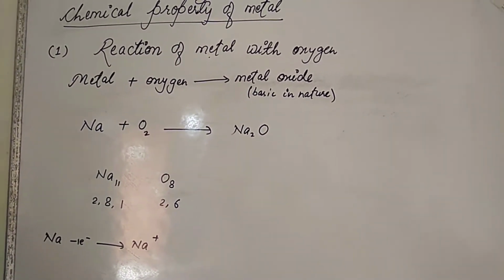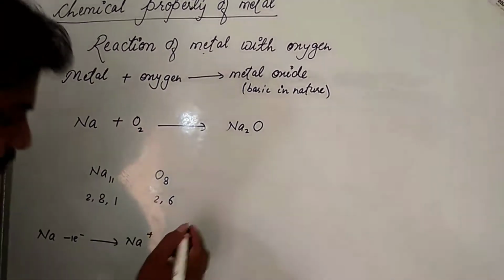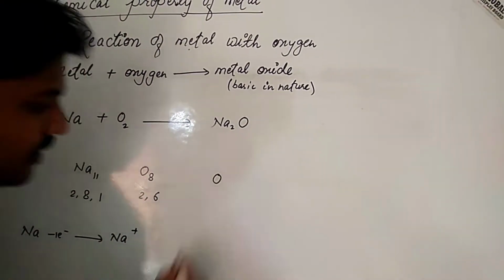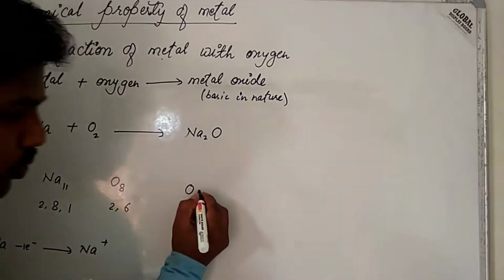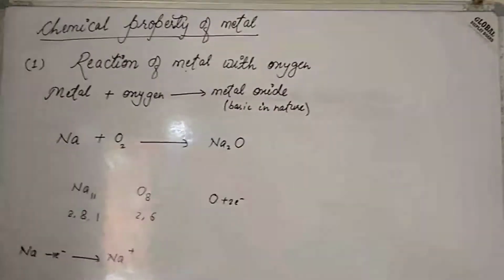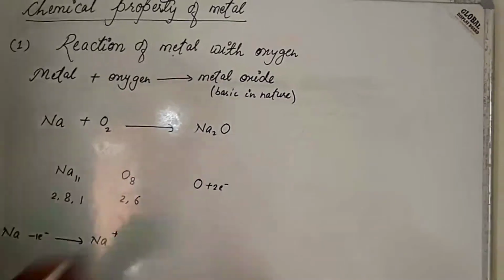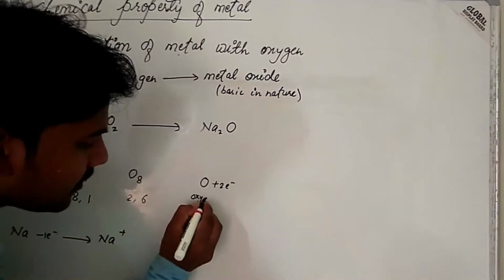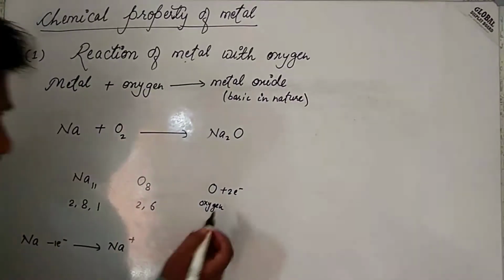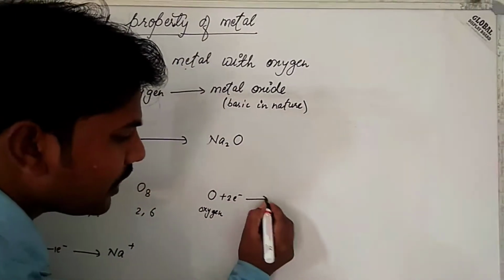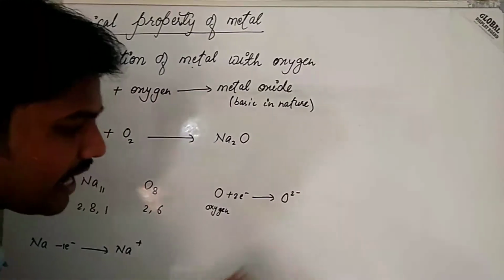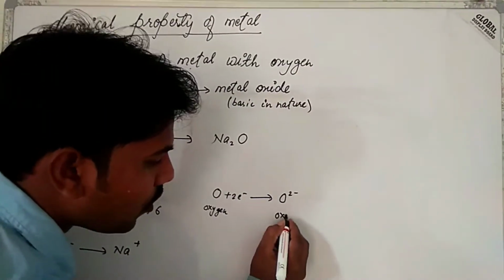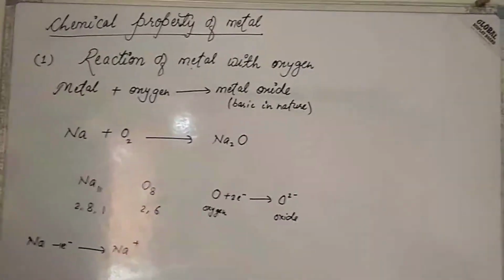Clear, children? Now oxygen. Oxygen gains 2 electrons to attain stability, and when it gains 2 electrons, it forms O2-, and that is known as oxide. Is that clear, children?